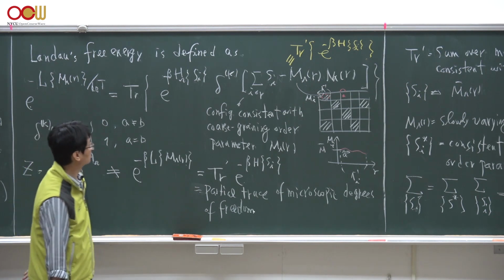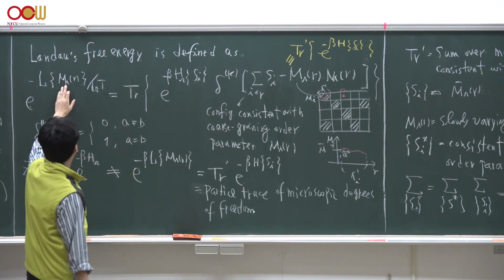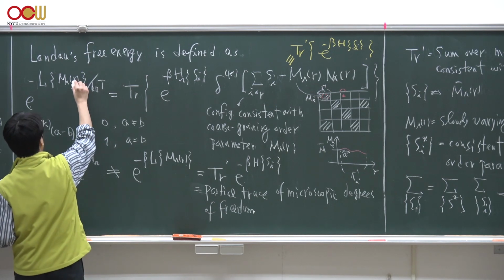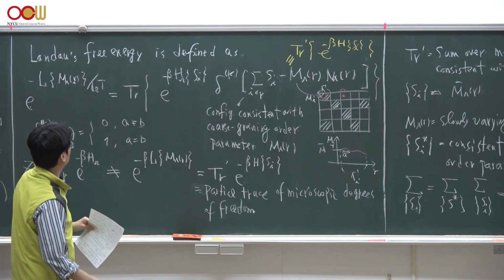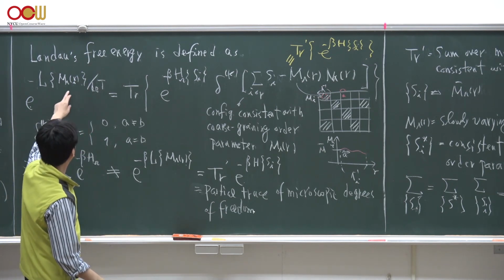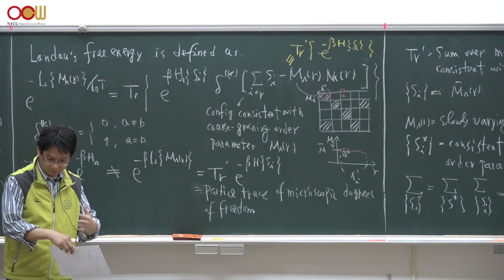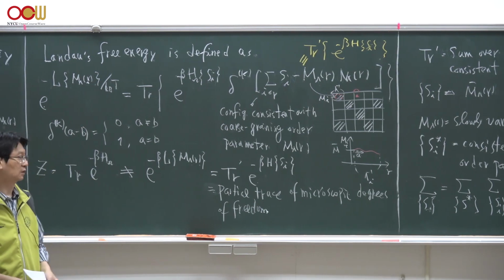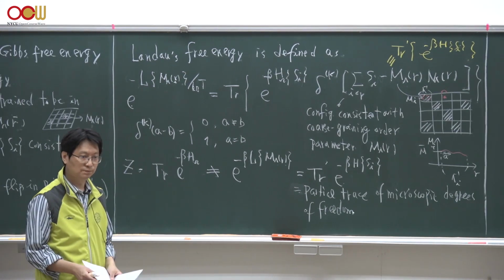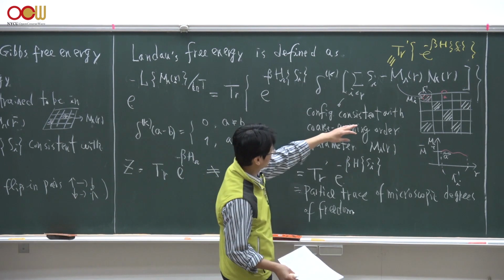You could consider this coarse-grained Landau free energy as a function of the real space vector R, or real space location.